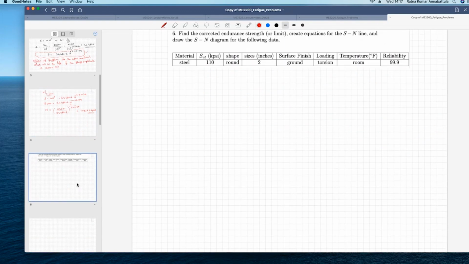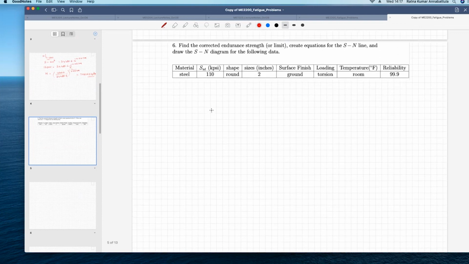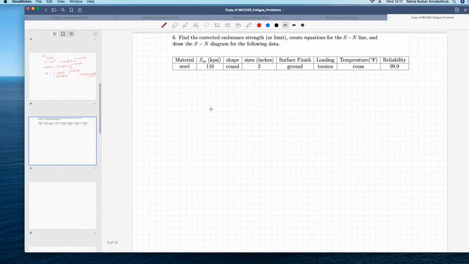All right. Let us look at one more problem. So far we have looked at uncorrected endurance strength, but now if the test conditions are different from the specimen that you are working with, you need to calculate the corrected endurance strength. So find the corrected endurance strength or endurance limit and create equations for the SN line and draw the SN diagram for the following.